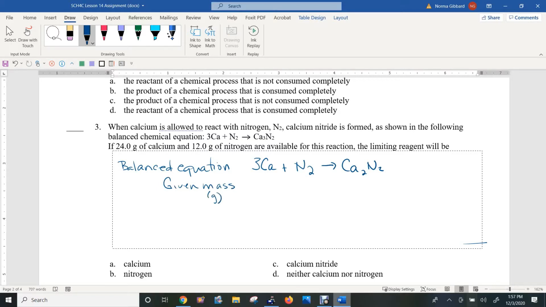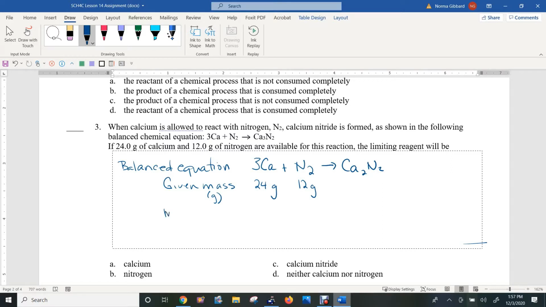For calcium, we are told we have 24 grams. Nitrogen, we have 12 grams, and we're not told what happens for the product, because that's what we have to find out.